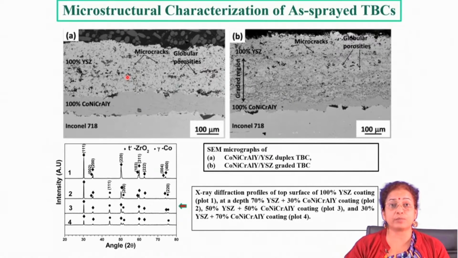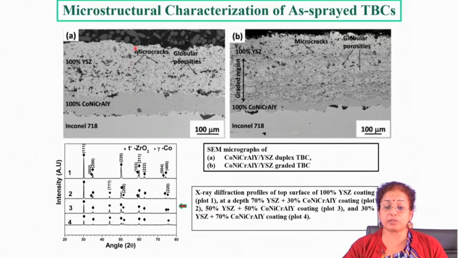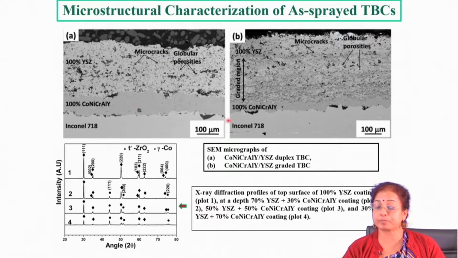So, during the process itself you will find that yttria stabilized zirconia gets toughened, and it offers further improvement in toughness. In the monolithic coating we had this particular YSZ layer, and in the CoNiCrAlY layer you will find there is not much porosity because it has been developed by the HVOF route, and you get a 100% dense coating.